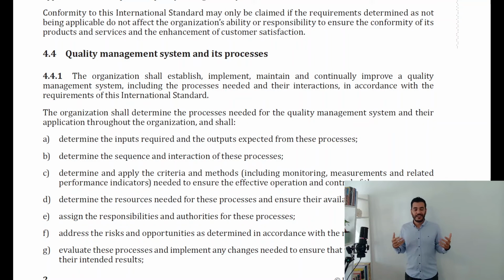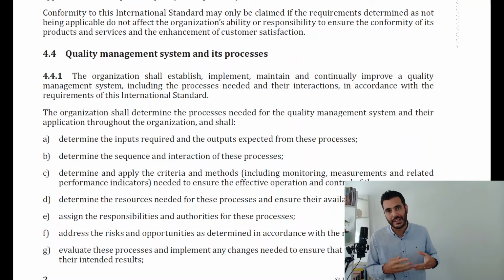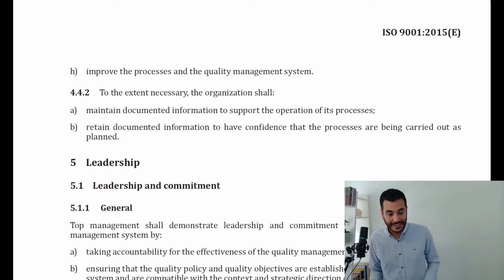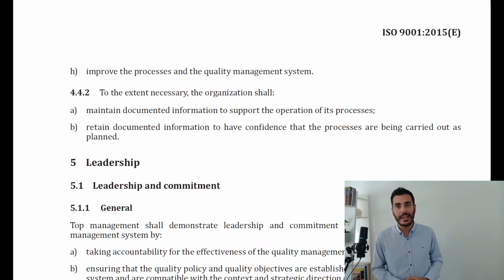And G talks about evaluate these processes and implement any changes needed to ensure that these processes achieve their intended results. Ultimately, once we implement these processes, the main aim of this quality management system is to achieve continual improvement, and clause 10 is actually dedicated to continual improvement. Improve processes and the quality management system is once again a reference to clause 10.